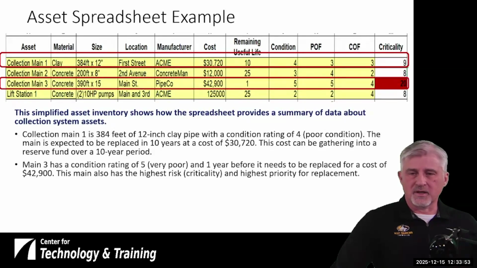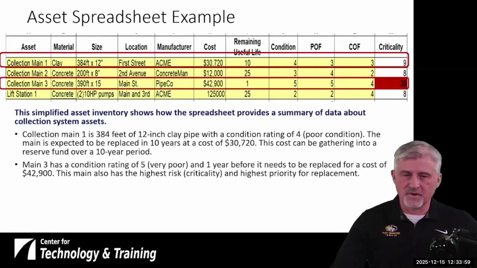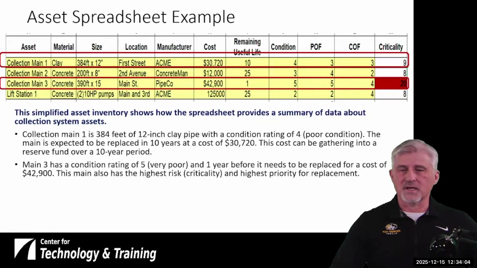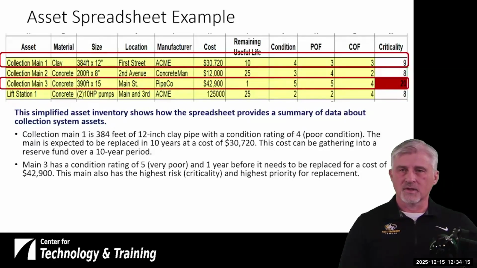Next, if we look at collection main 3, it's got a condition rating of 5, which means very poor, and 1 year before it needs to be replaced. And the cost for that is $42,900. So that is the highest risk or criticality of all of our assets, that 5, and it's also the highest as far as our need to be replaced.